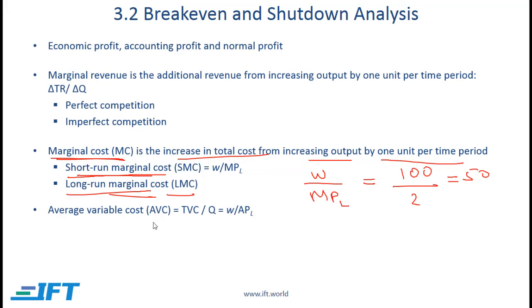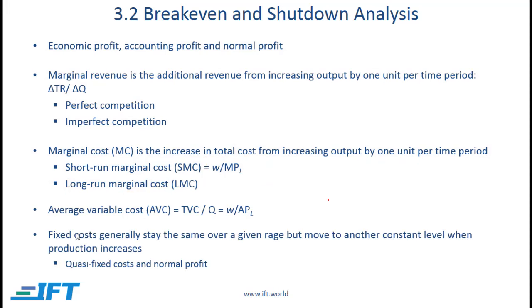Moving now to average variable cost. The average variable cost is simply the total variable cost divided by the quantity produced. That's fairly intuitive, and along the lines of what we saw earlier, the average variable cost can also be computed as the cost of 1 unit of labor, which is the wage rate, divided by the average product of labor. The final point on the slide has to do with fixed costs.